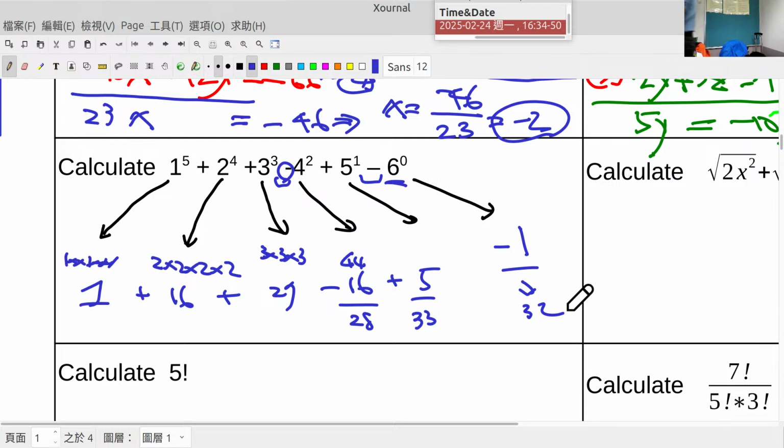Now, maybe I'm wrong. If I got a wrong answer, please let me know. Yes, sir. 4 square? 4 square is 4 square, that is positive, but the symbol here is subtract.